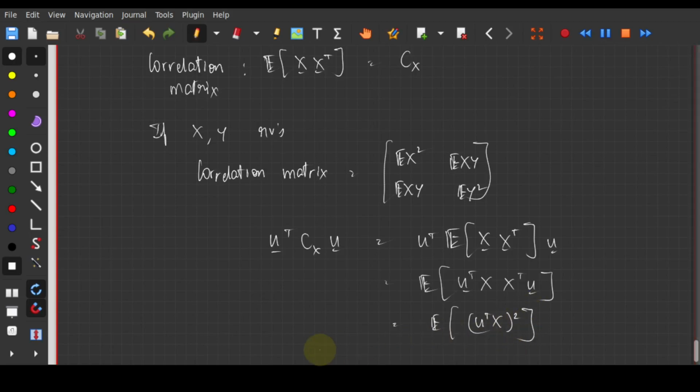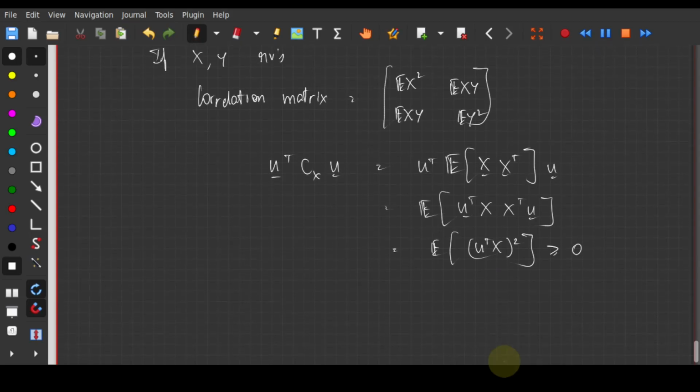Yes, Cx is essentially taking a convex combination of positive semi-definite matrices, that's another way to look at it. So this is a more probabilistic way of showing that the correlation matrix is always positive semi-definite.